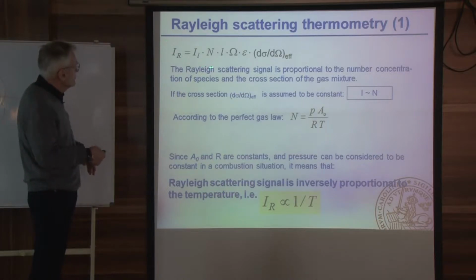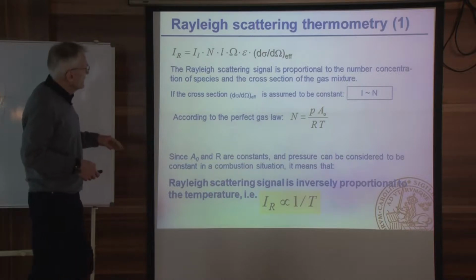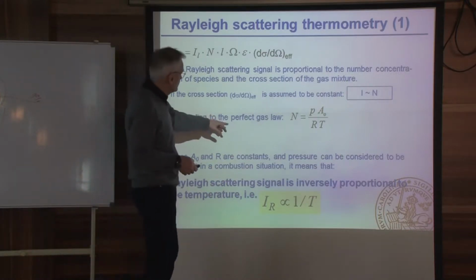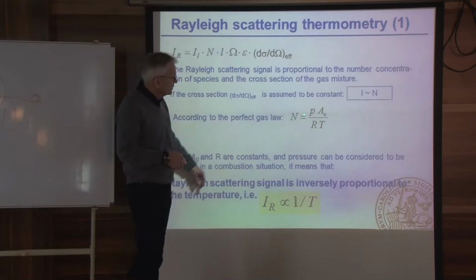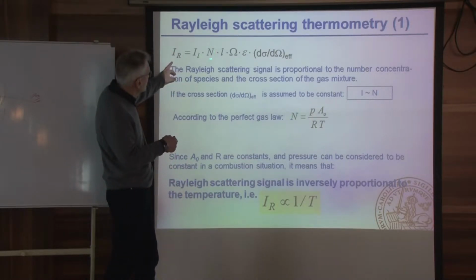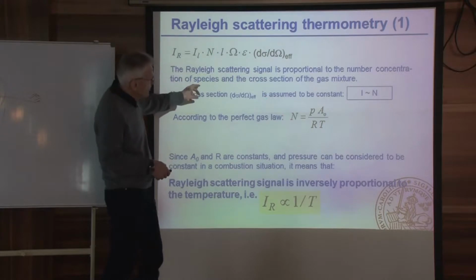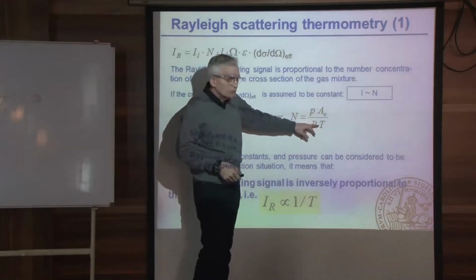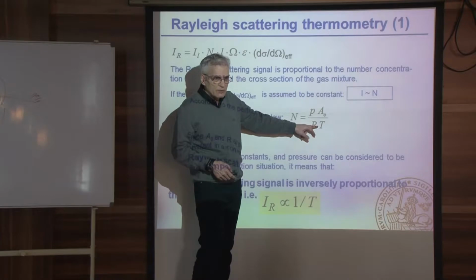So here you have the formula, and now if you use the perfect gas law, you know that the signal is proportional to the number density, but the number density is inversely proportional to the temperature, right?